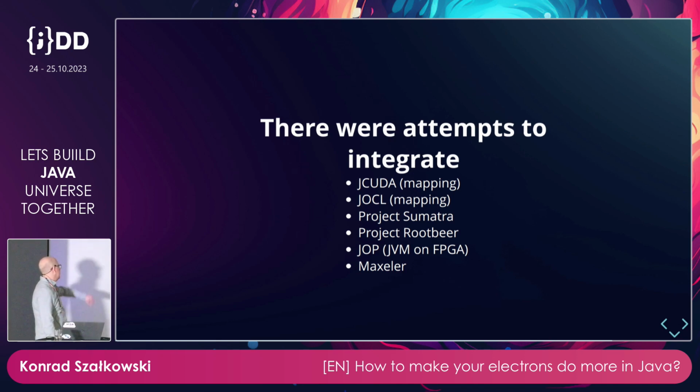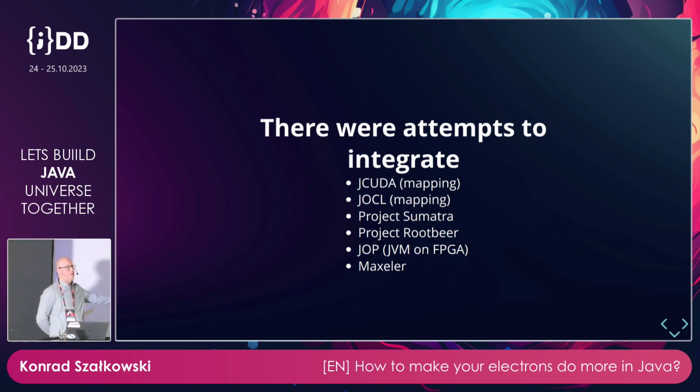There were two projects kicked in by Oracle into the OpenJDK project, Project Sumatra and Project Root Beer. The first one was about bringing the devices through some API to Java. However, you still needed to have this code compiled in a way that the GPU would understand. So it was only an API to load code to the GPU.